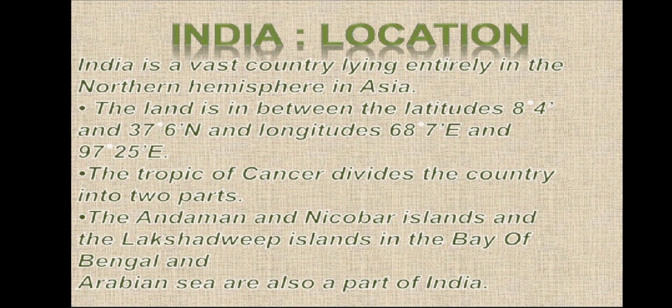Now, location of India. India is a vast country lying entirely in the northern hemisphere. The mainland extends between latitudes 8 degree 4 minutes north and 37 degree 6 minutes north.